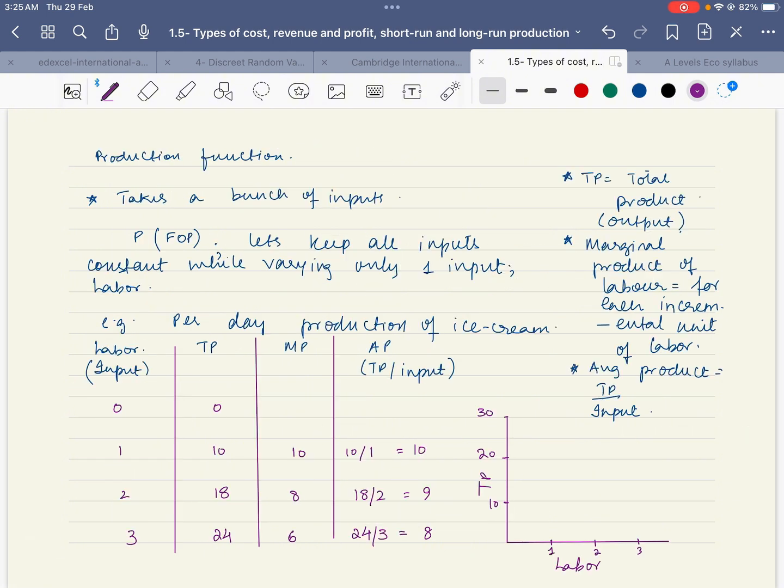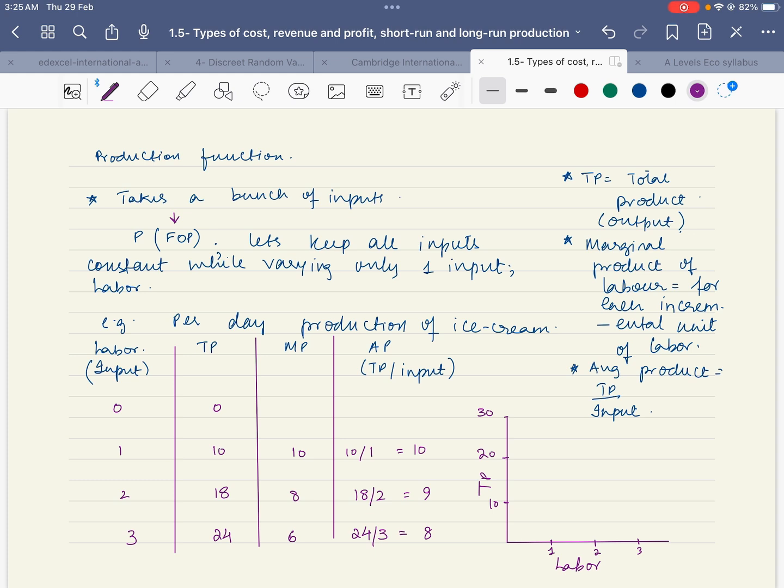Now let's talk about production function. What is a production function? Production is a function of factors of production. It means production takes place when some input from factors of production is taken in. And let's keep all the inputs constant while varying only one input, which is labor, in the short run, right?